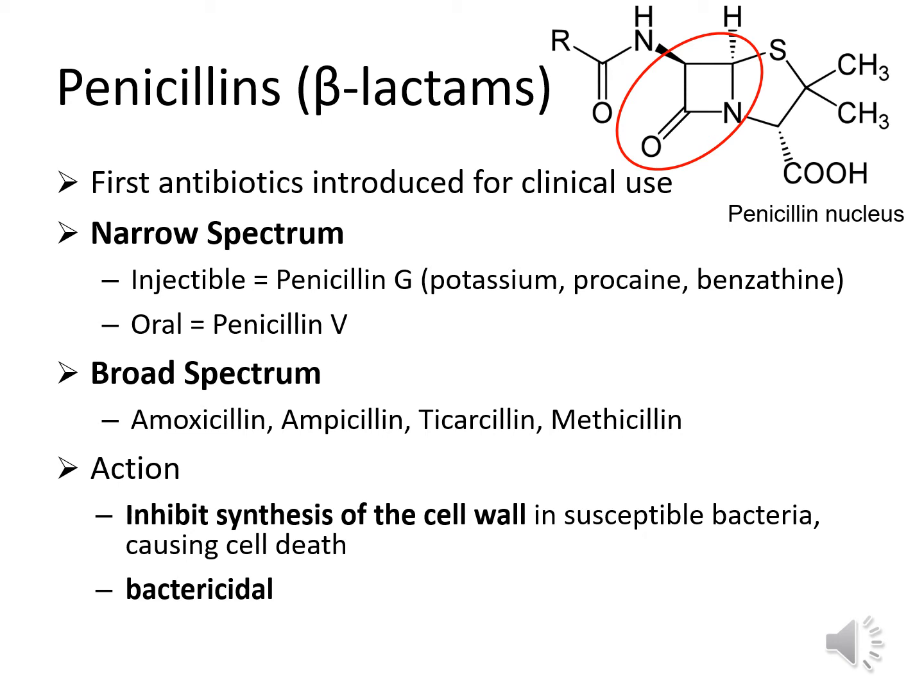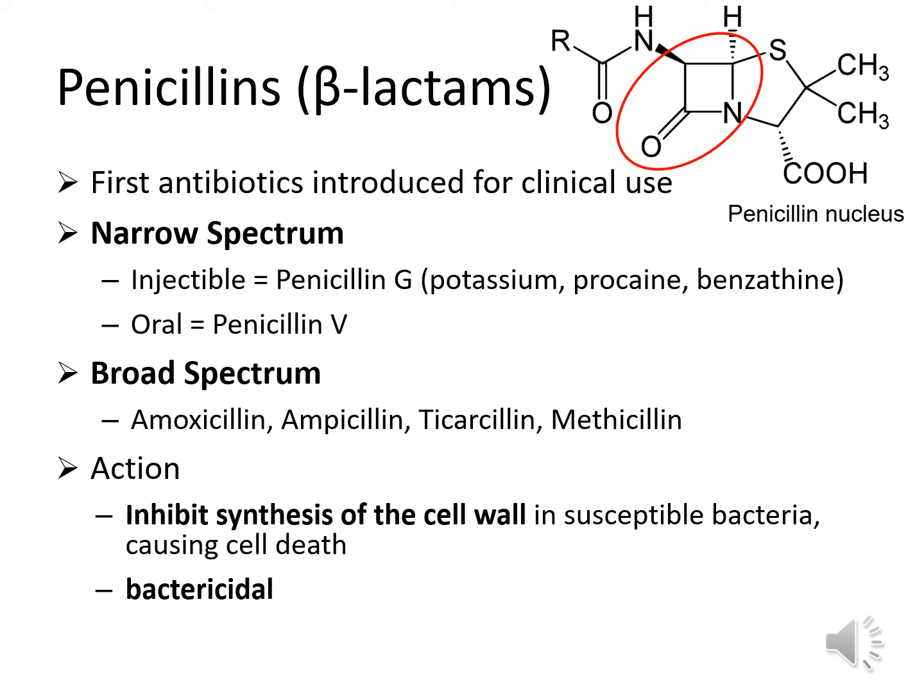So how does it do that? Well, exactly the beta-lactam portion, that little ring that's in the red circle there, binds to an enzyme. The enzyme is called transpeptidase, and that transpeptidase is the enzyme that links the peptidoglycan molecules in the bacterial cell wall.